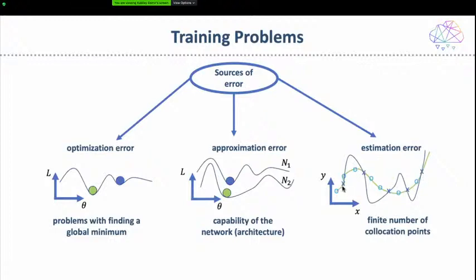So if you only have a few points and you have a big network, you might have the problem that it overfits and doesn't actually fit the function, but just fits the solution well at these few points. Then you will see when you add more points, which are represented here by the blue circles, that you end up having a much more accurate solution just because you consider more points and the network isn't overfitting.